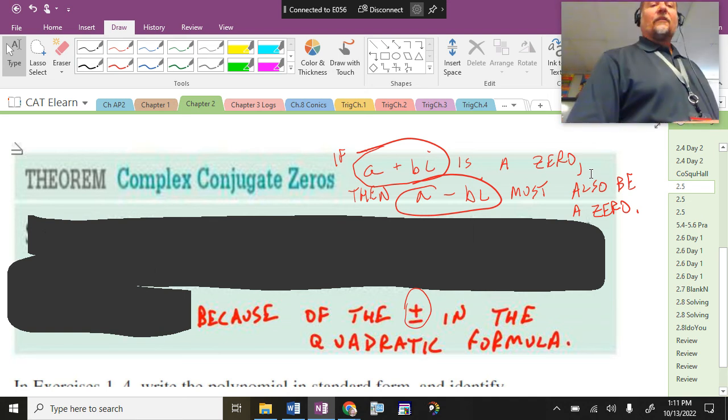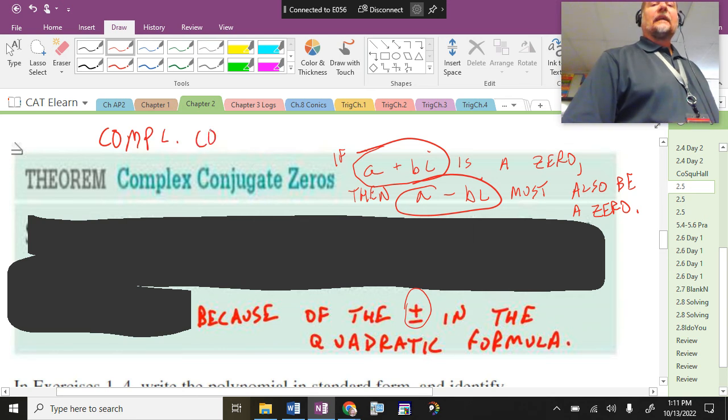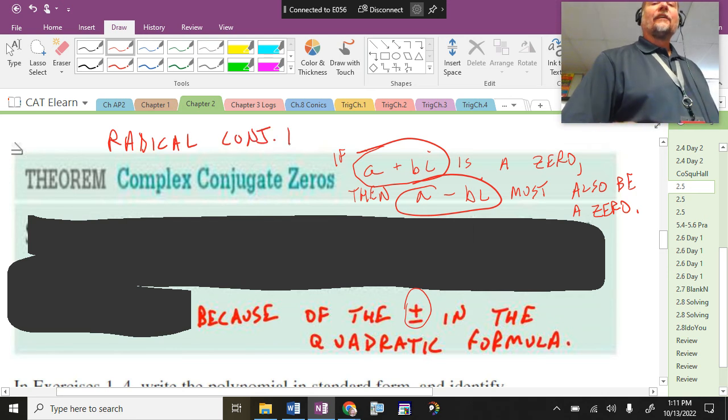There's also something called the radical conjugate theorem, which says the same thing about radicals. Sorry, I said complex, I mean the radical conjugate theorem. I could have put conj and then theor or th.